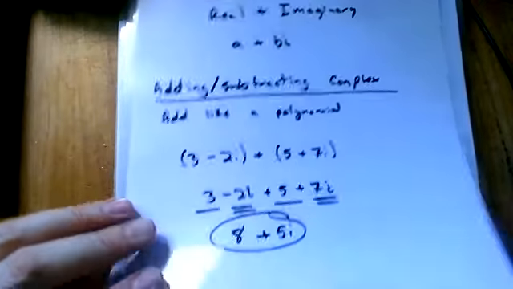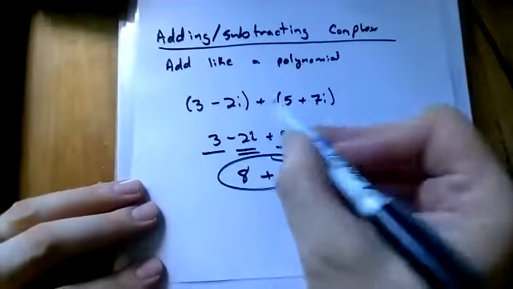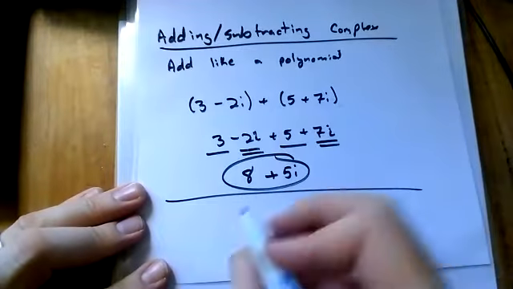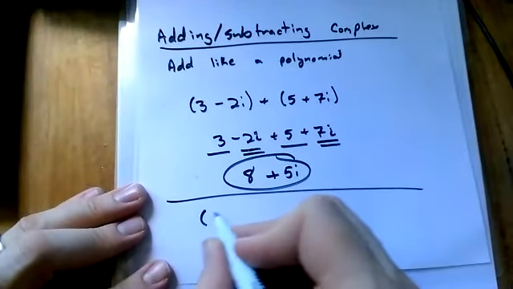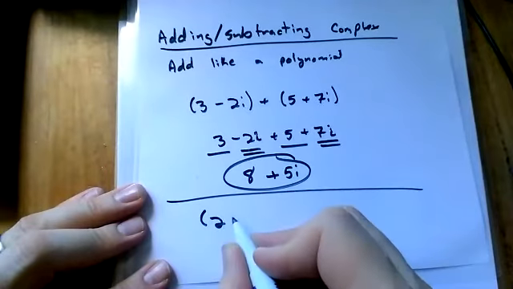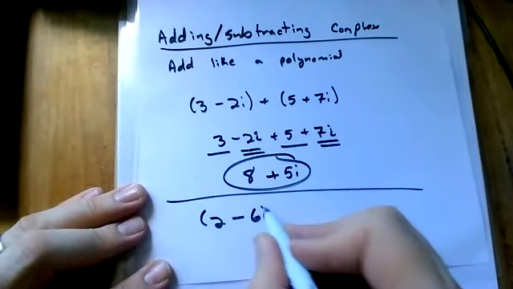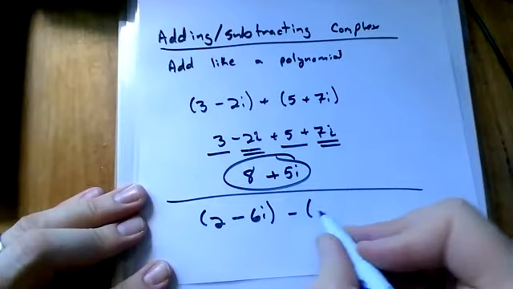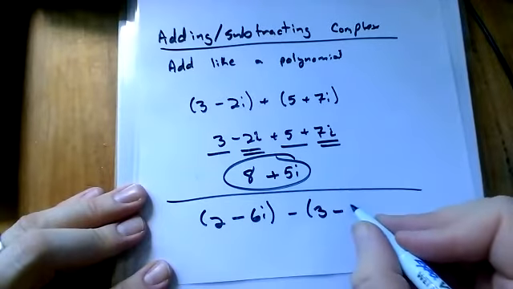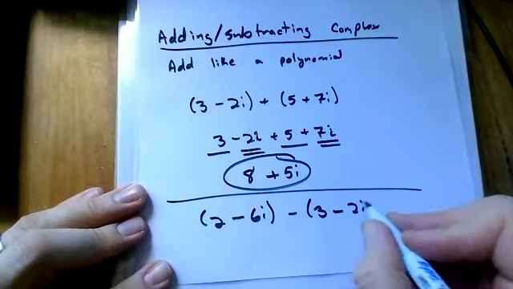If I am subtracting, well, we just have to distribute through our negatives, or through our second polynomial. So if I've got something like, say, 2 minus 6i, and I subtract 3 minus 2i.